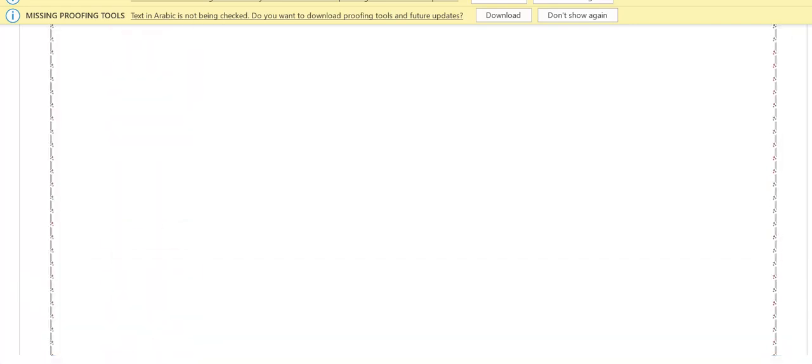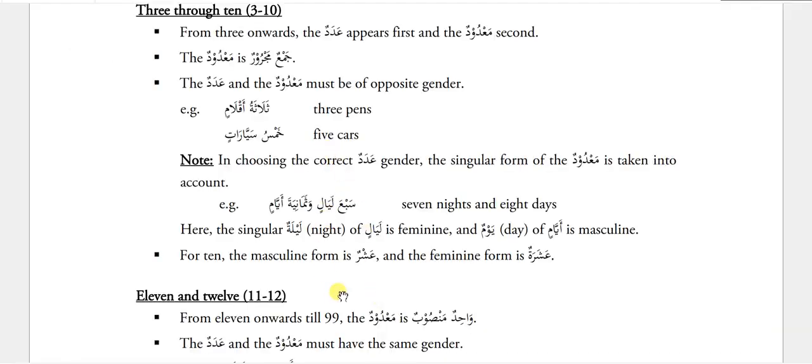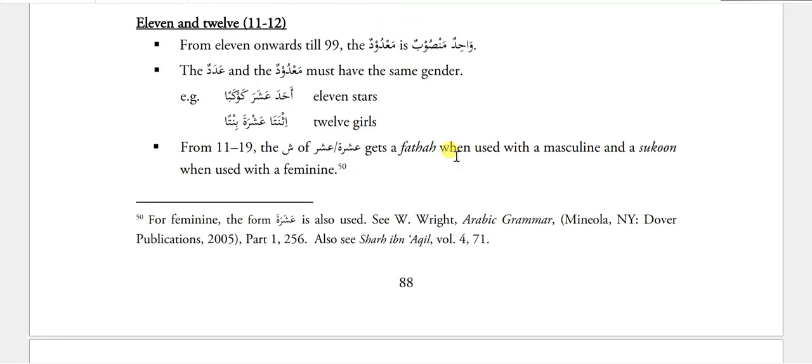Now let's read from the book and then we will be explaining here. 11 and 12. From 11, 12 till 99, the madud is wahid mansoob, and the adad and the madud must have the same gender.